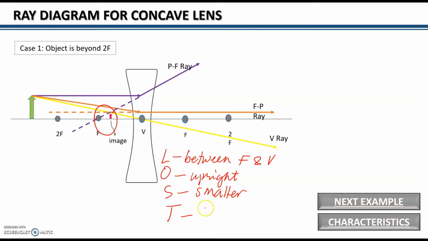Is it virtual or real? So it's virtual. Why virtual? Because we have used here extended light rays and these light rays meet at one point here. So the image is formed on the same side as where we can find the object. So it's in front of the concave lens.